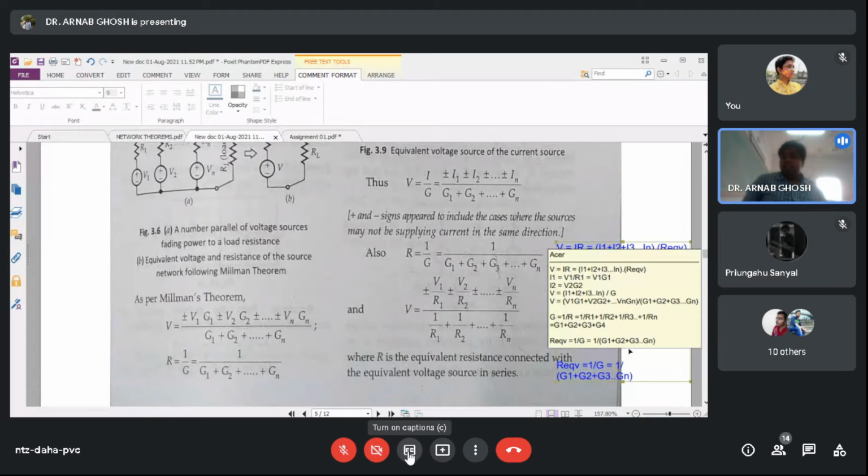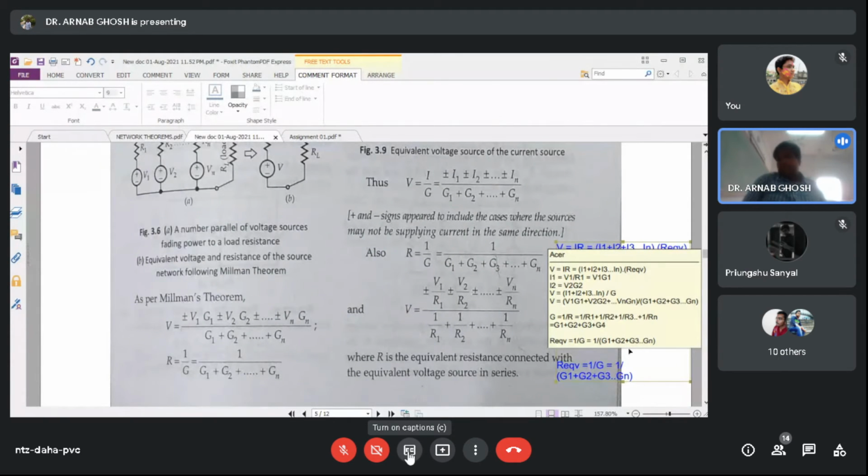V is equal to V1 G1 plus V2 G2 plus dot dot dot up to Vn Gn by G1 plus G2 dot dot dot up to Gn. Clear now? Yes, sir. Okay.